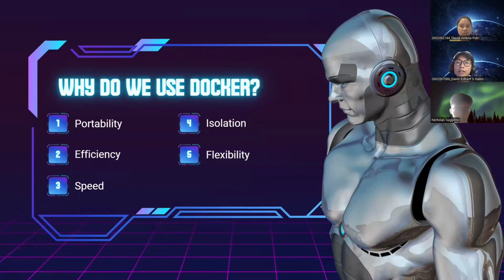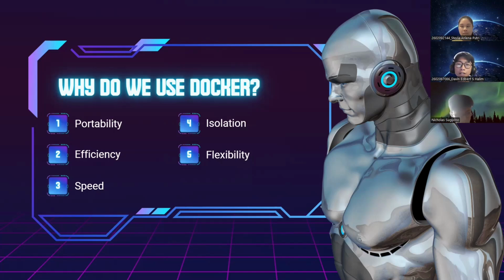Next, why do we use Docker? Docker has several advantages that make it indispensable in the software development lifecycle. First, portability ensures that your application behaves identically across environments. Second, Docker is highly efficient because it uses fewer resources compared to traditional virtual machines.